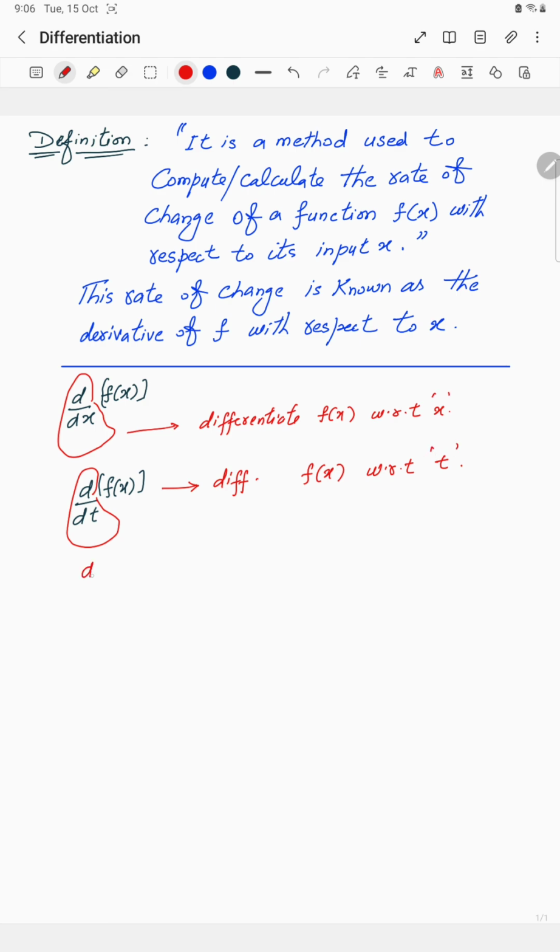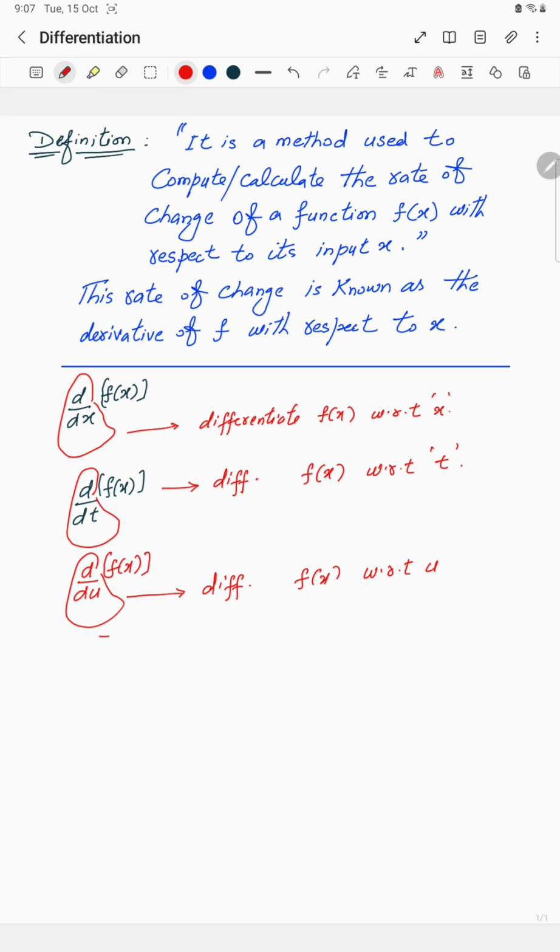So d by du of f of x means you're going to differentiate f of x with respect to u. So these are the things you need to know, depending on which variable you differentiate with respect to. If it is x, d by dx; if t, d by dt; u, d by du, and so on.